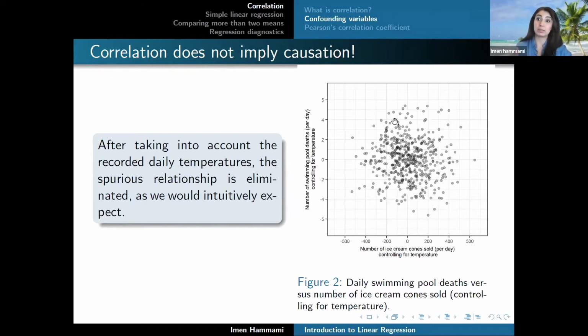This is done using software. This is what we call in statistics adjustment for a confounder, which is removing or controlling the effect of the confounder in order to reveal the true association, and there's no association here.